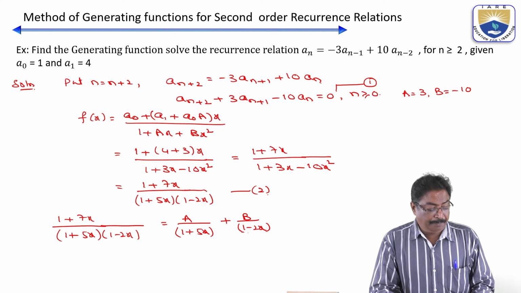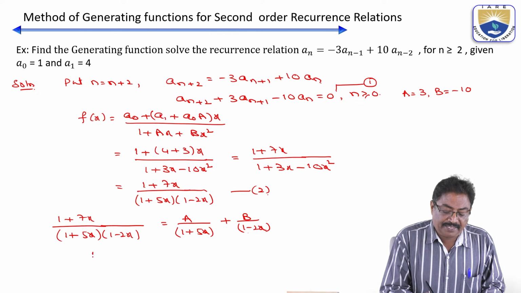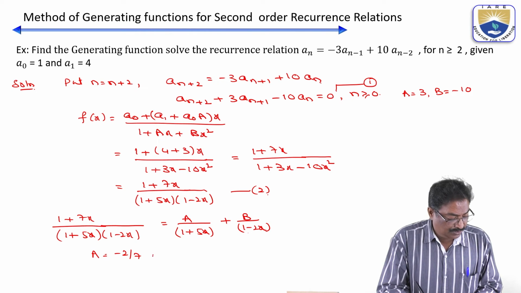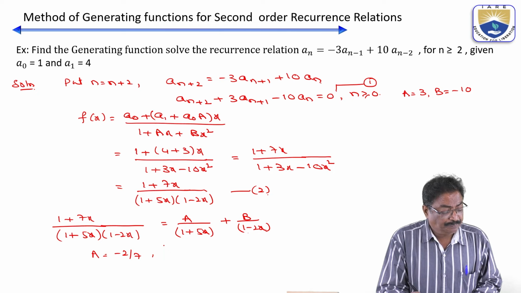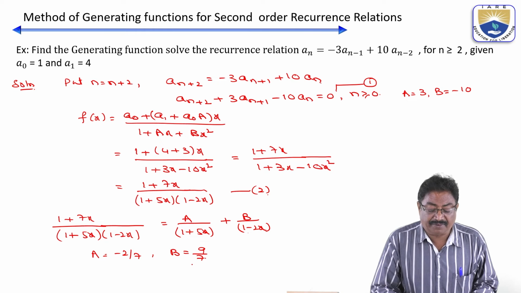In the same way, calculate the partial fractions and the a and b values. We can get a equals minus 2 by 7 and b equals 9 by 7.